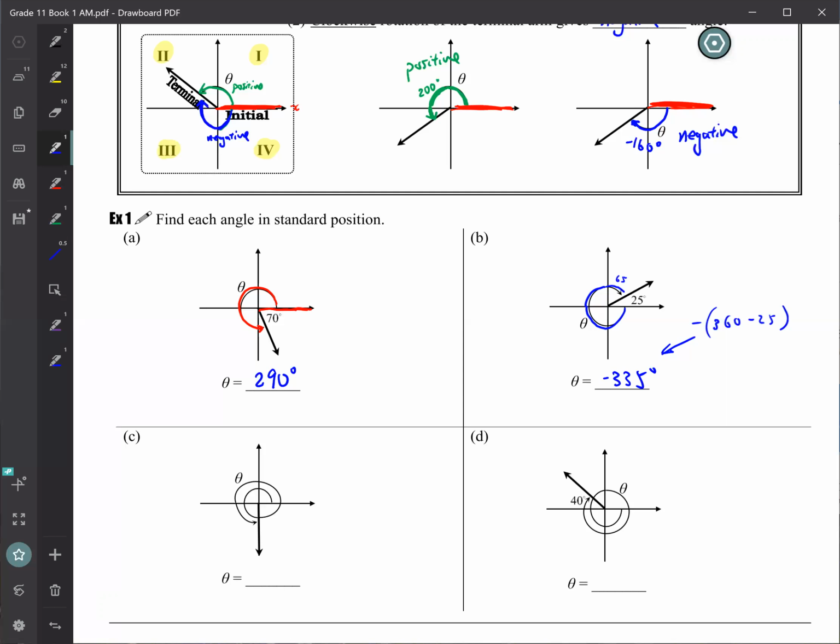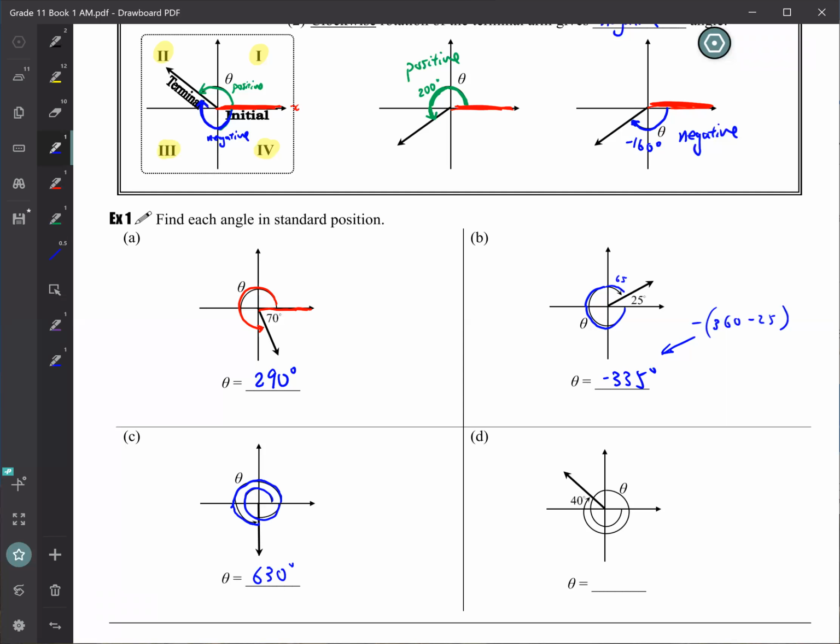Okay, Yosher, do you have the answer for C? 630. 630. Okay, so this is positive. So 360, add another 180, that will be 540. 540, add a 90, so 630, right?